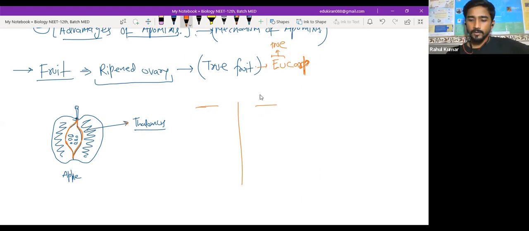And false fruit, write down. In false fruits, the edible part is derived from other tissues like thalamus and receptacle. Thalamus and receptacle.